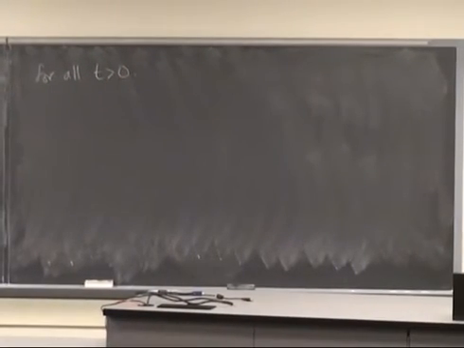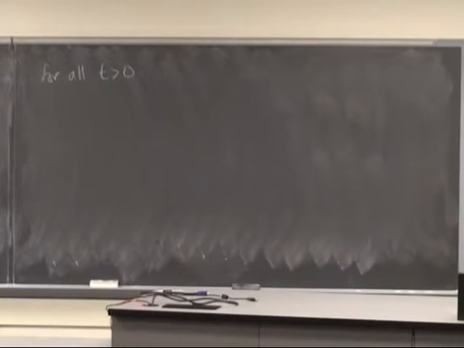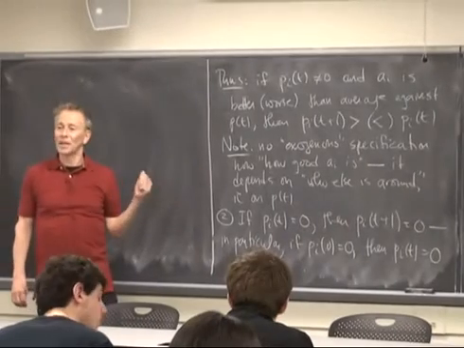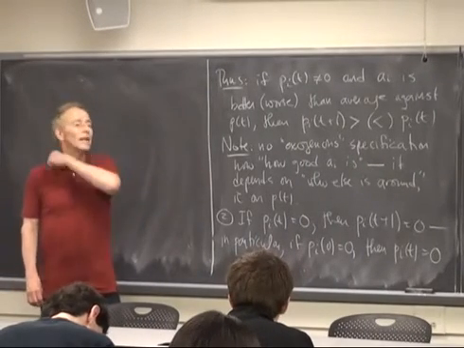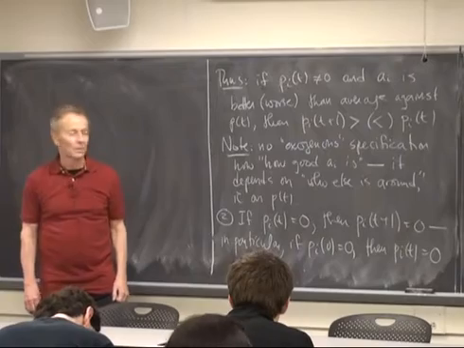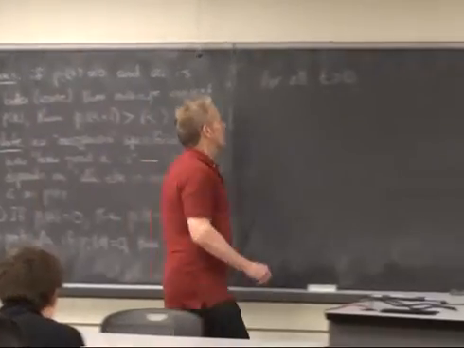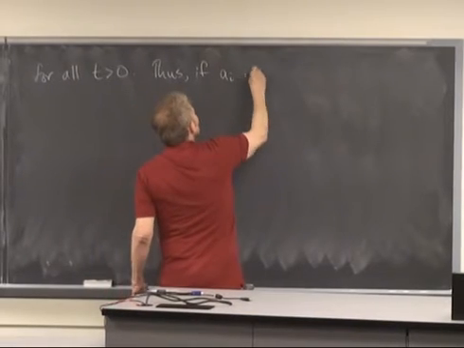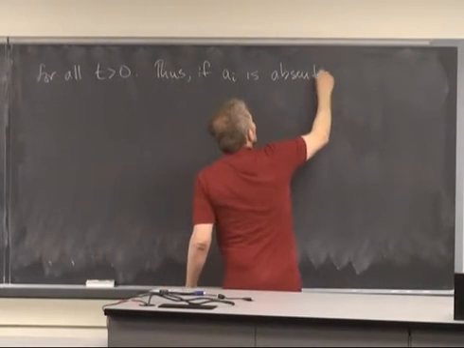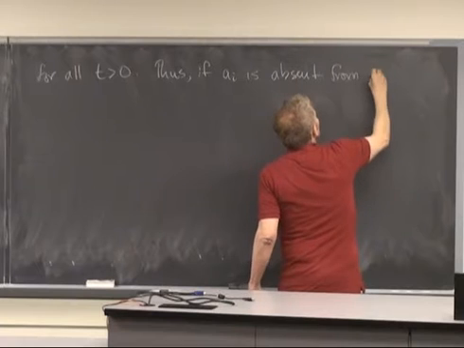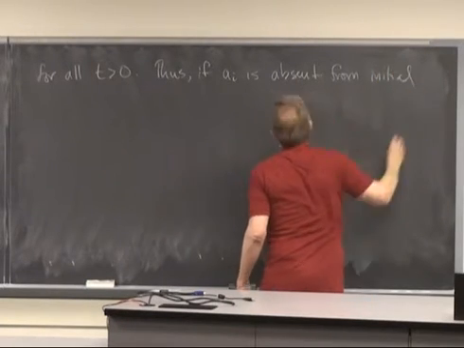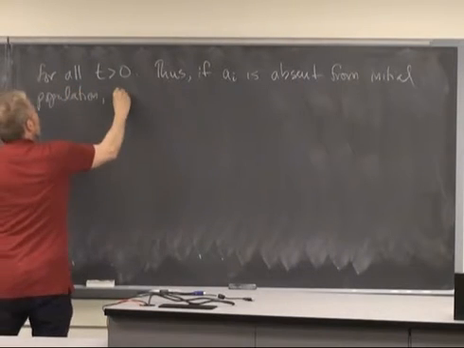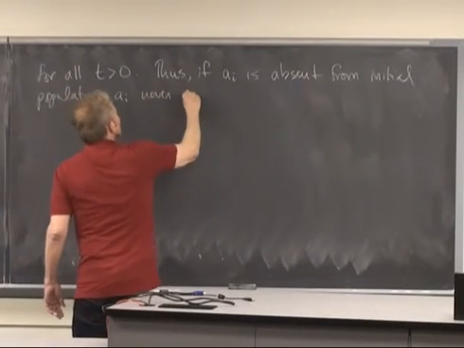And in words, talking about populations, what this says is that if a given action, if a given pure strategy is not represented at the beginning, then it never appears. Okay? So thus, if AI is absent from the population, the initial population, AI never arises.